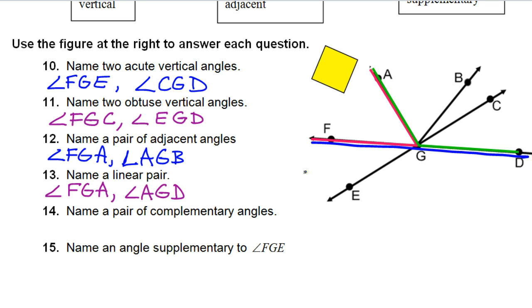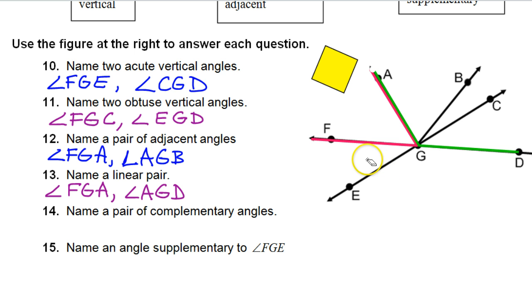Name a pair of complementary angles. Complementary angles have to add up to 90 degrees. So they're not giving us any angle measures, so I'm not 100% sure how we're supposed to know what adds up to 90 degrees.